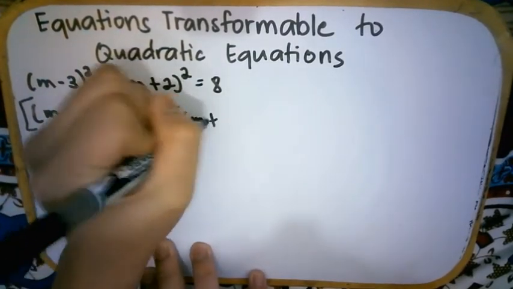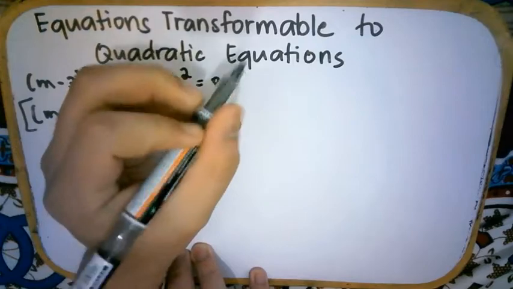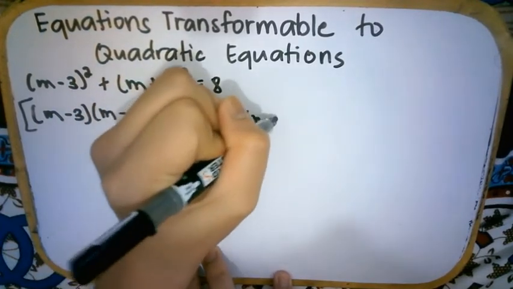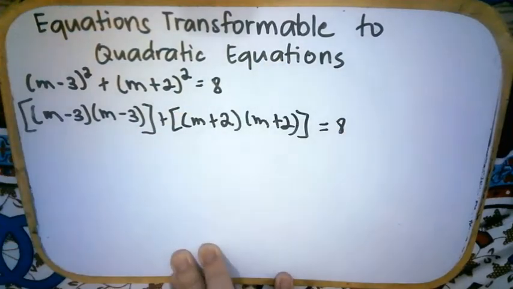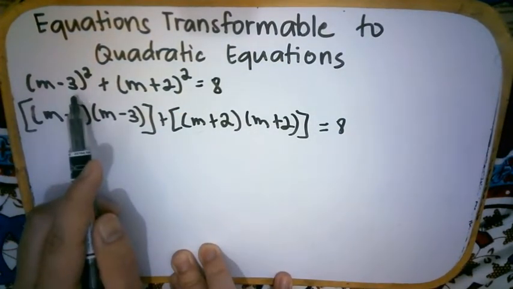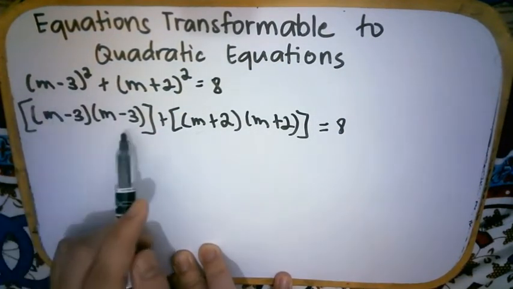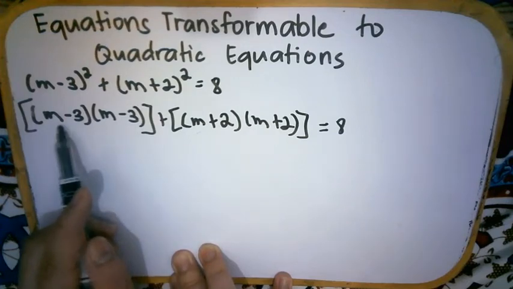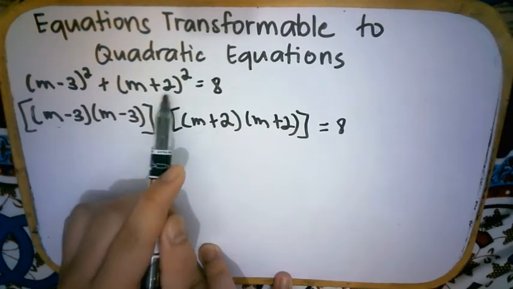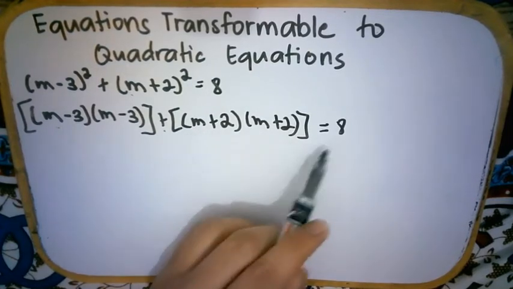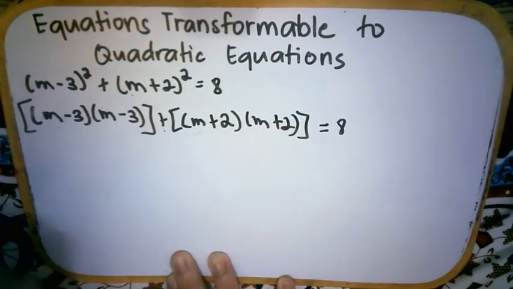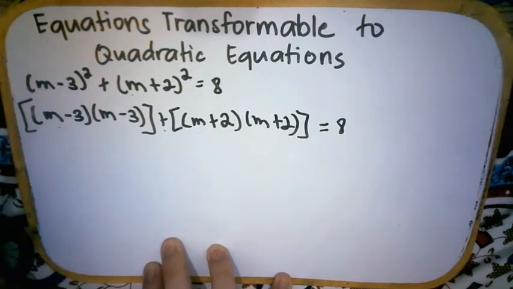M plus 2 times m plus 2 equals to 8. So, pag in-expand natin tong m minus 3 squared, ganito yung magiging itsura. Then, we have here plus, then m plus 2 squared, so ganito naman yung magiging itsura niya, and then equals to 8. Then, after that, let's do FOIL method.